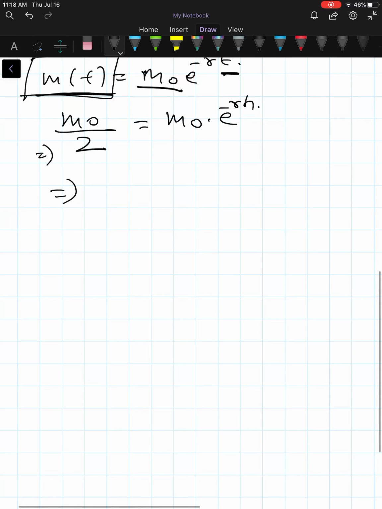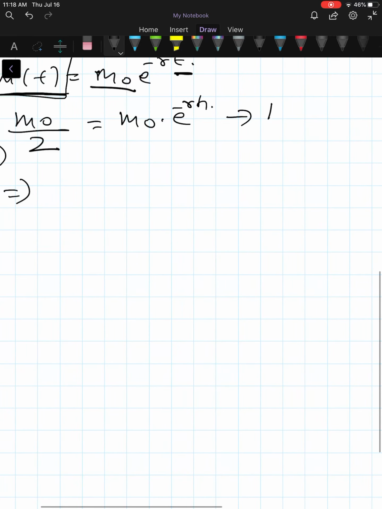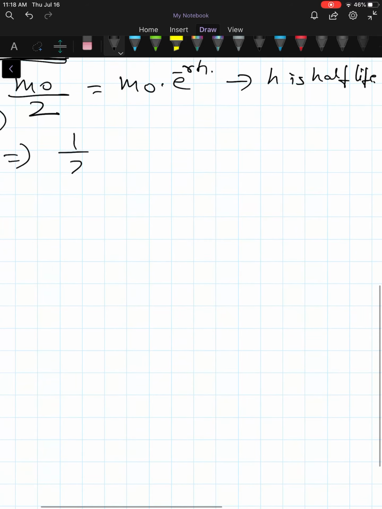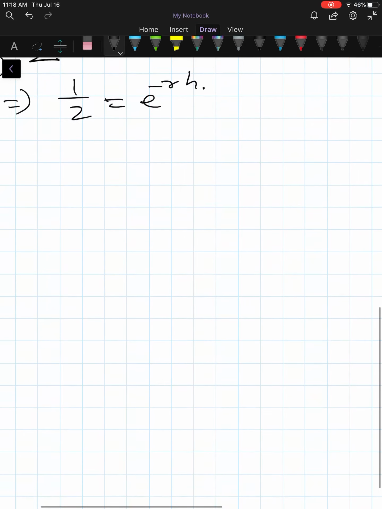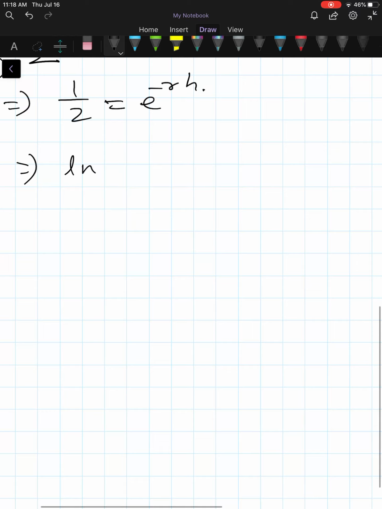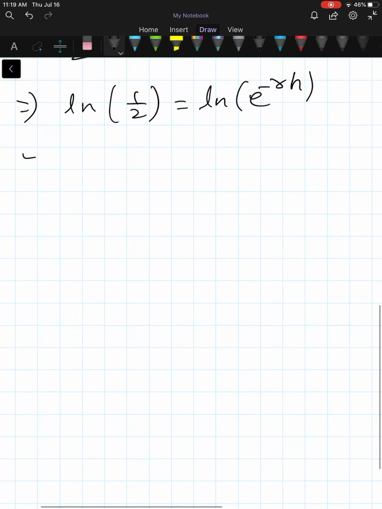Now h is the half life. This is nothing but half is equal to e to the power of negative rh. Now applying ln on both sides, ln of half is equal to ln of e to the power of negative rh.